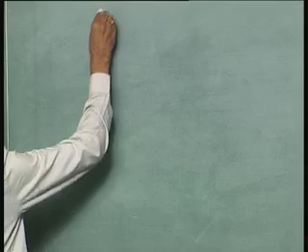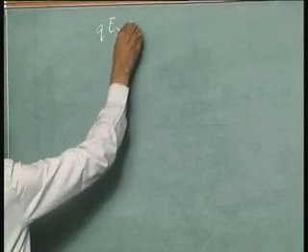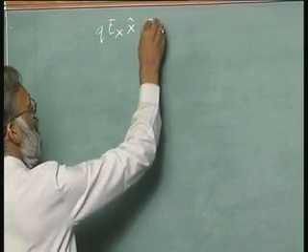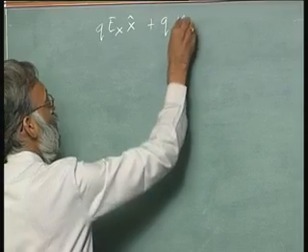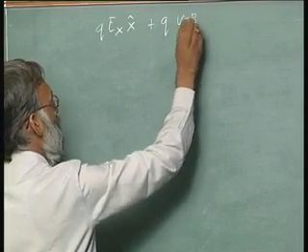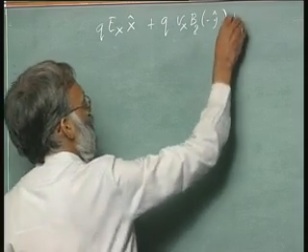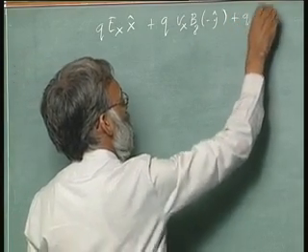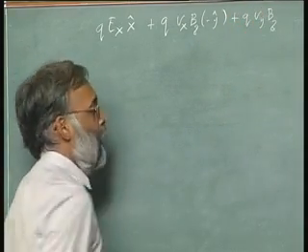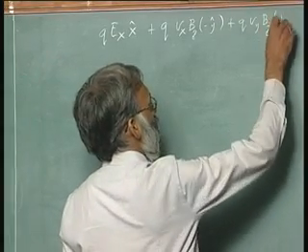So, I have QEx along x plus Q Vx Bz, x cross z is minus y, plus Q Vy Bz, y cross z is plus x.